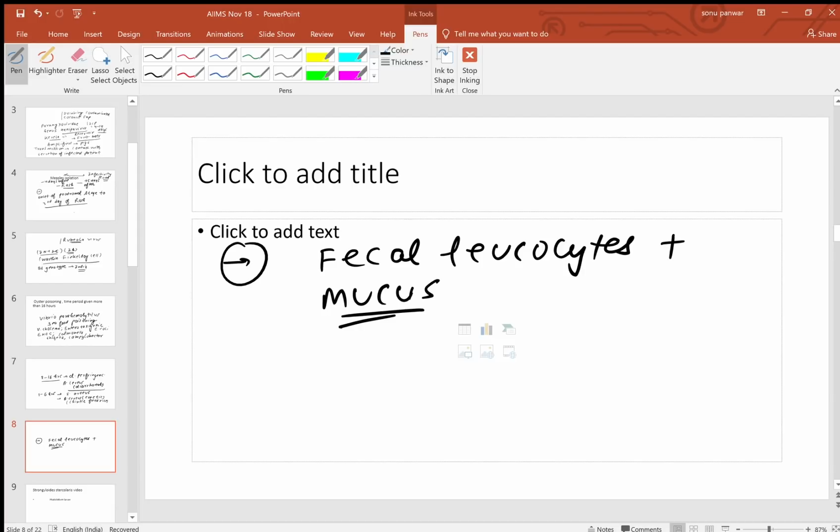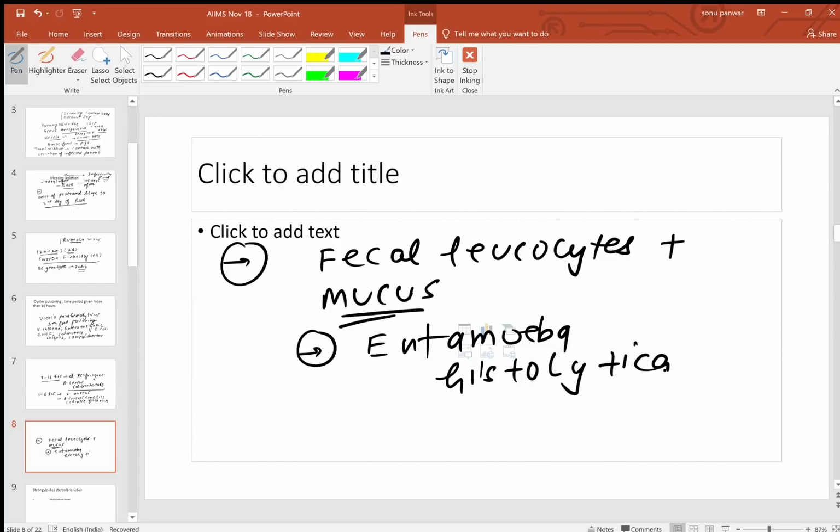Other than that, I suppose the options were regarding Entamoeba histolytica, or I suppose the option is Clostridium perfringens, and some other options were there, and I suppose the answer is Entamoeba histolytica. On those particular options which were there, the best answer to go for is Entamoeba histolytica.